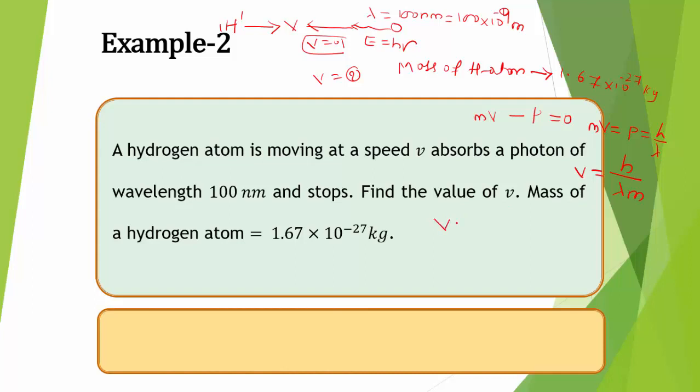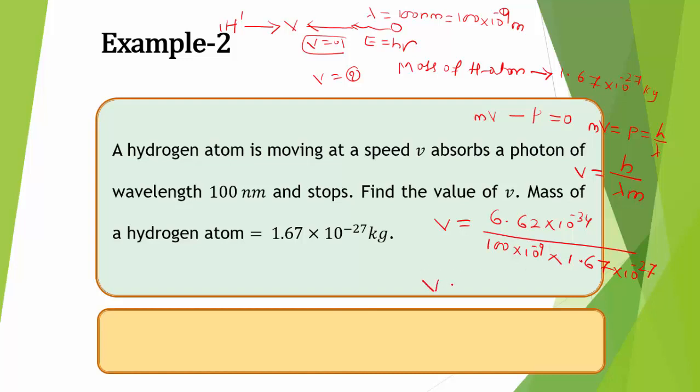Now substitute the values here. The h value is 6.62 into 10 to the power of minus 34, divided by lambda value 100 nanometer, that is 100 into 10 to the power of minus 9, into m, the mass of the hydrogen, 1.67 into 10 to the power of minus 27 kg.